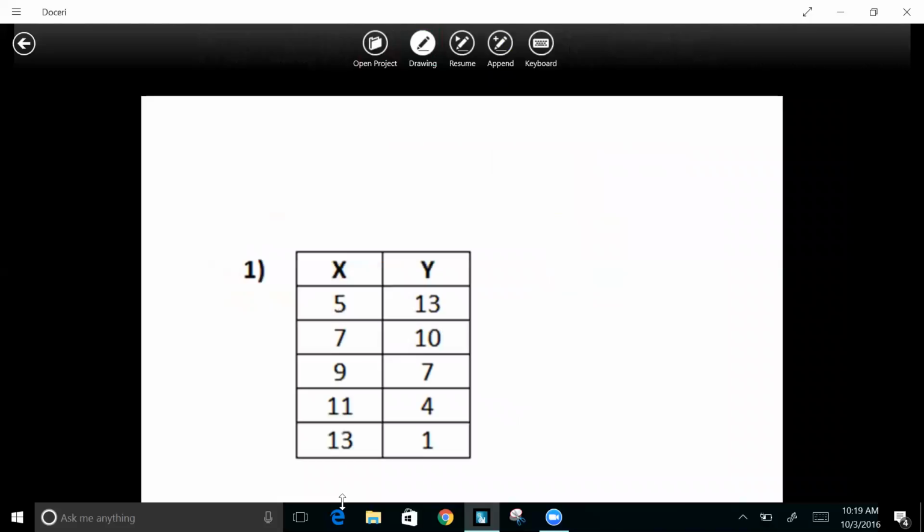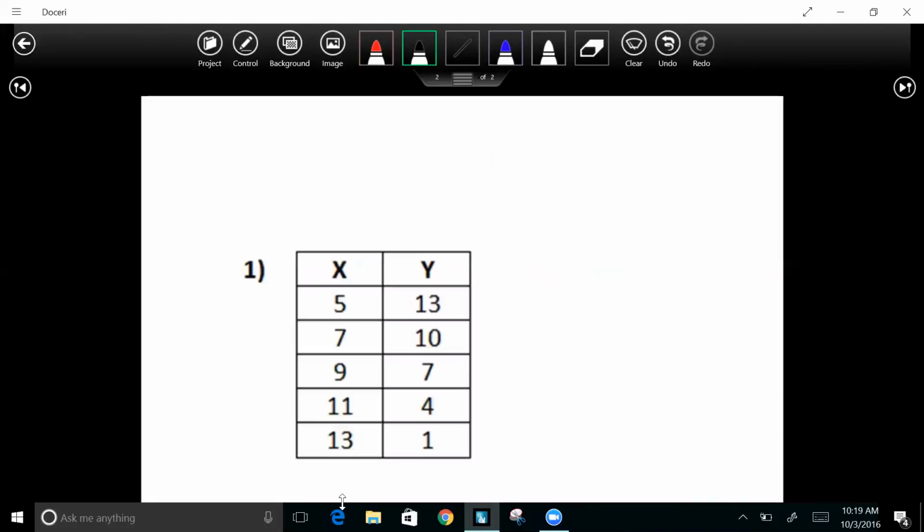Okay, looking at this one, this is going to be towards your homework. So look at this. Copy down that one. We're going to look at another table as well.